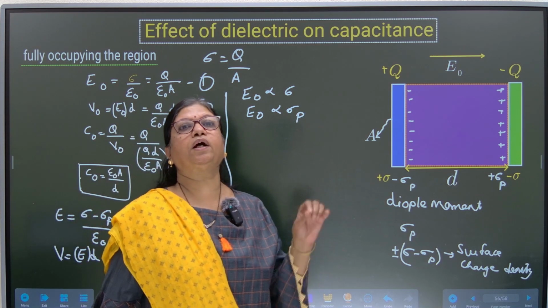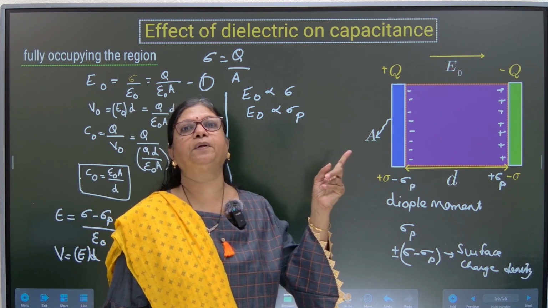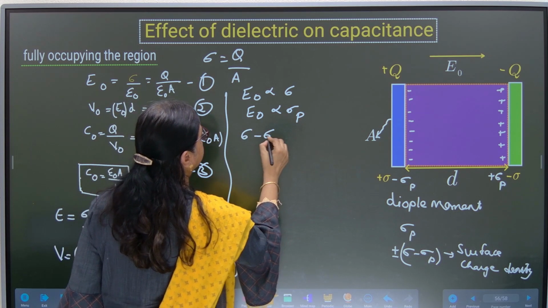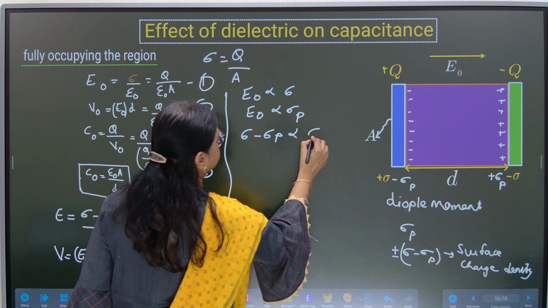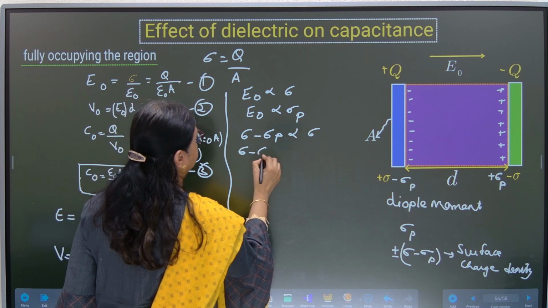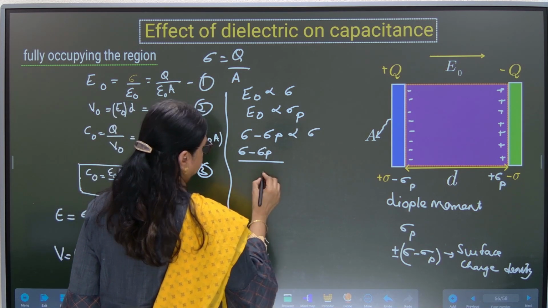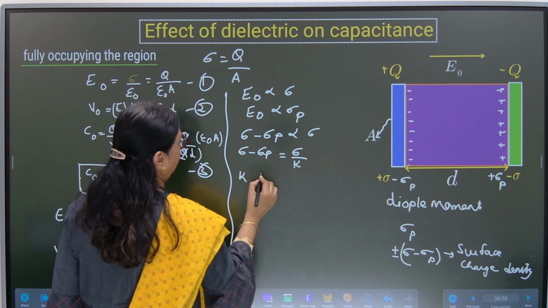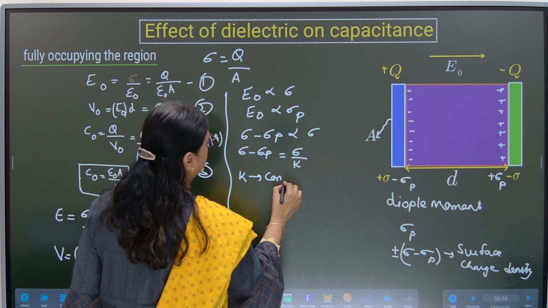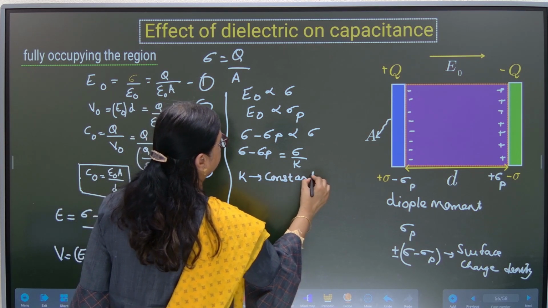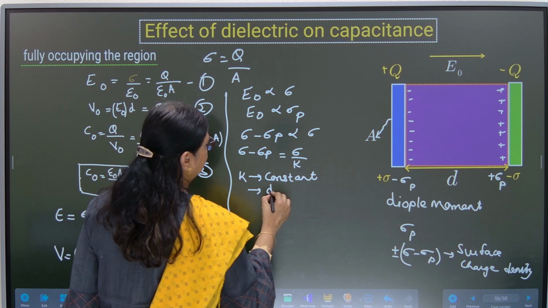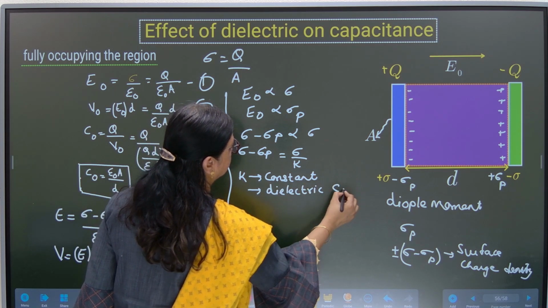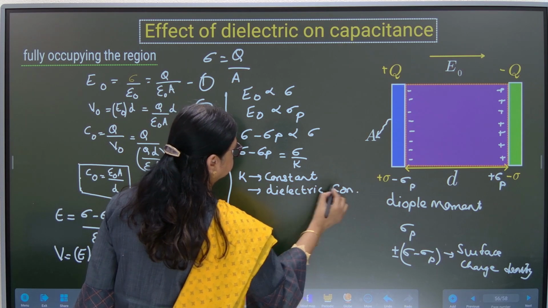Okay? So, combining these two proportionalities, we can write (sigma minus sigma p) proportional to sigma, such that (sigma minus sigma p) is equal to sigma upon k, where k is a constant of proportionality which is called the dielectric constant of the medium.